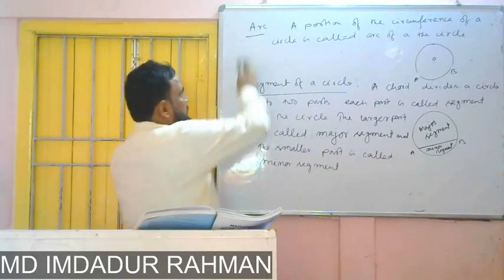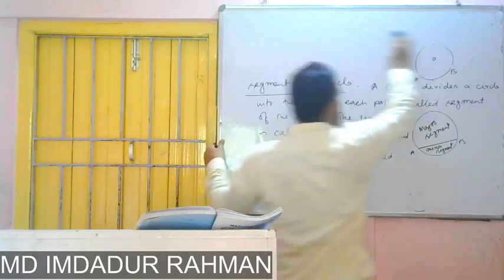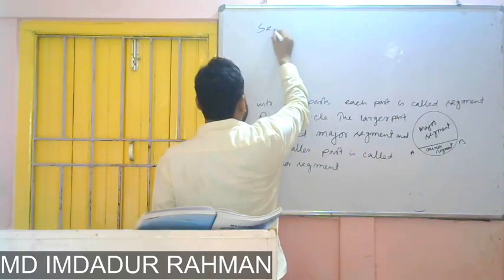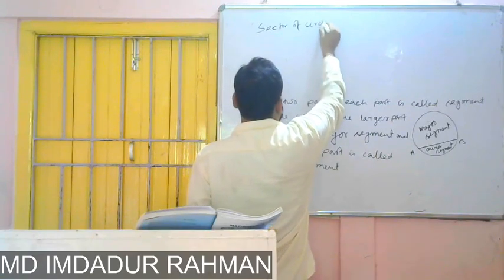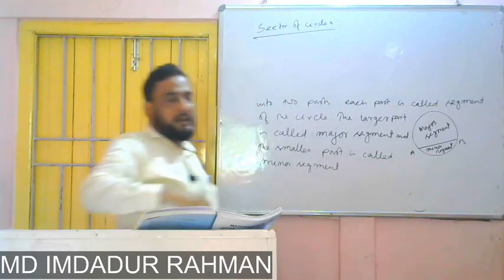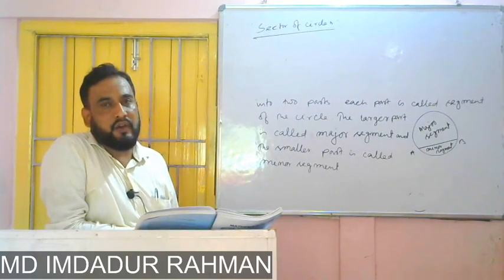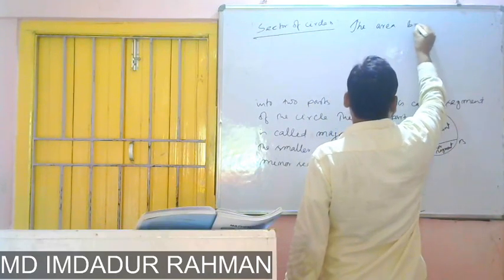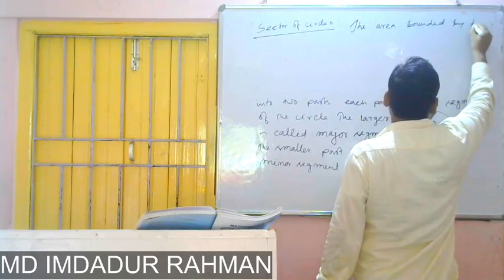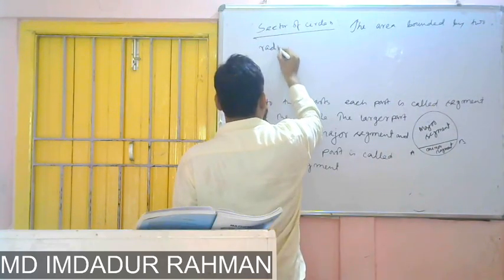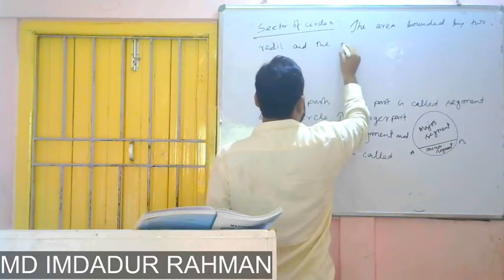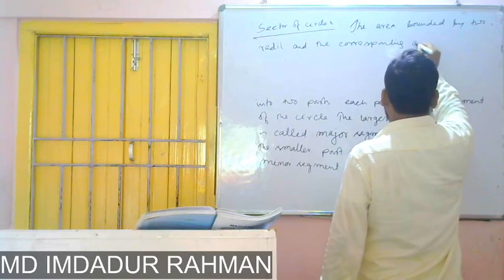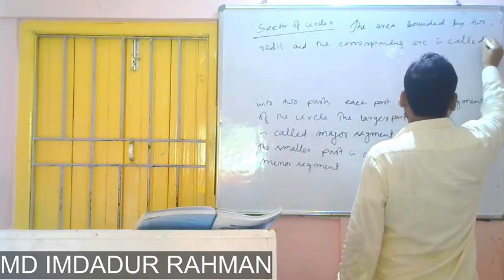Now next is sector. Sector of a circle. The area bounded by two radii and the corresponding arc is called a sector of the circle.